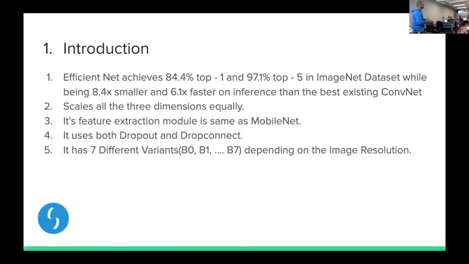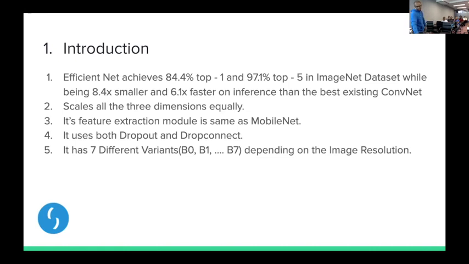On that particular data set, this algorithm achieves 84.4% accuracy. It's still not 90 or 100 because ImageNet can have millions of images. One more advantage of EfficientNet is that it scales depth, width and channels equally.